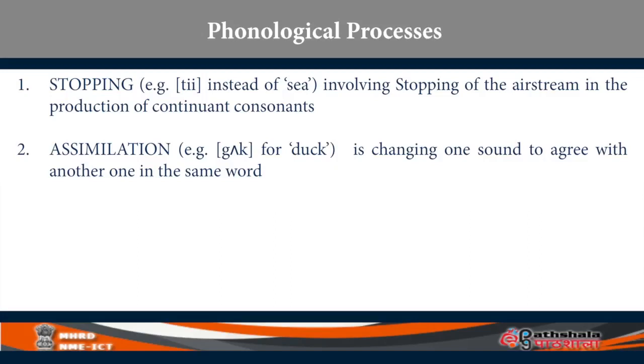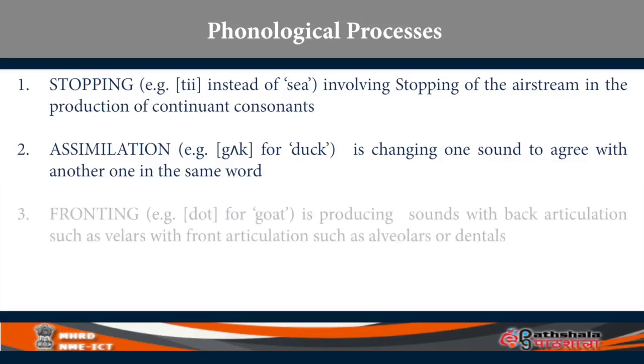So, ka is velar, ga is velar. So, duck is becoming guk because both ga and ka are of the same place. It's much simpler to stay at the same place than move the tongue quickly. So, duck becoming guk is called assimilation, and it's kind of regressive, like from back to front. They can also exhibit forward assimilation. You can learn from the textbooks.